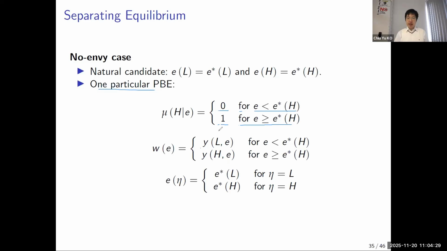And the salary offer will be according to this, because in this case the firm doesn't have a choice of wages anyway. So that's what you expect, right? You pay them the expected productivity. And the education they get is: the low type gets high school and the high type gets college. Very natural, because that is very simple. The easiest case, right? Because you don't want to pretend.